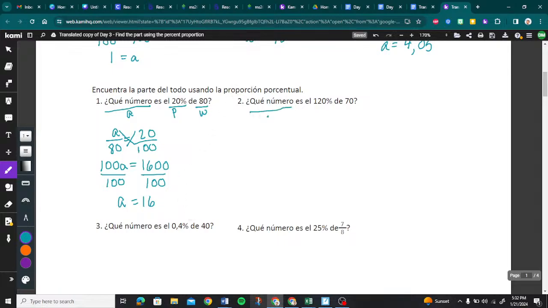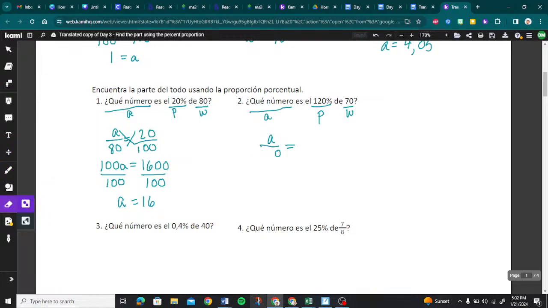Que número es la part? 120% es percentage. And de 70, so 70 is el todo. So we have A 120 is... Oh, whoops, sorry. I'm on autopilot.